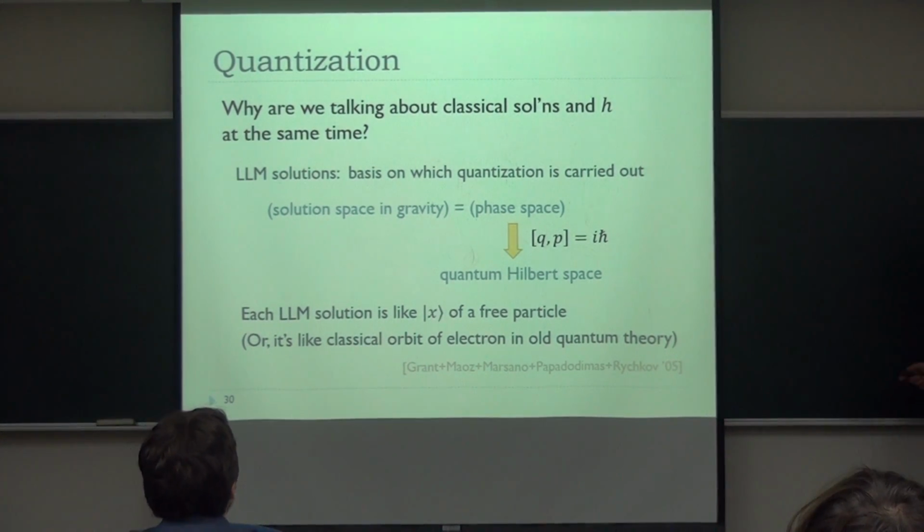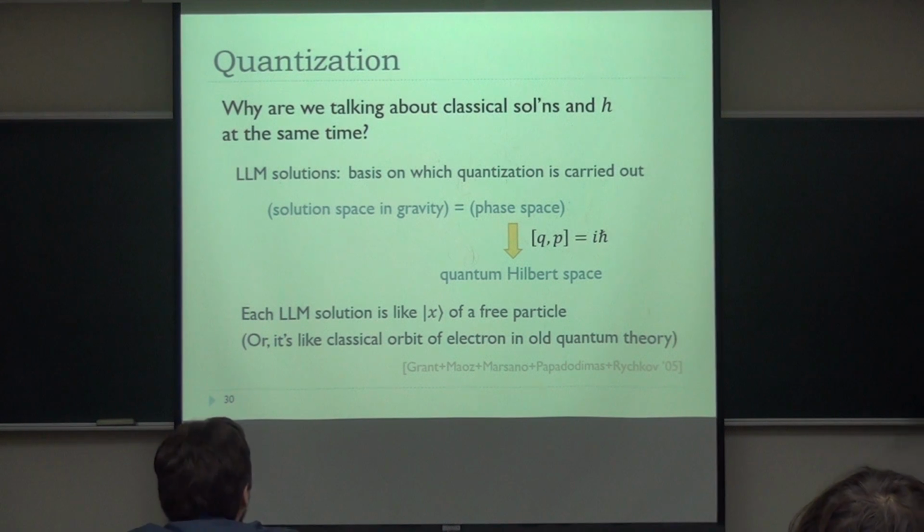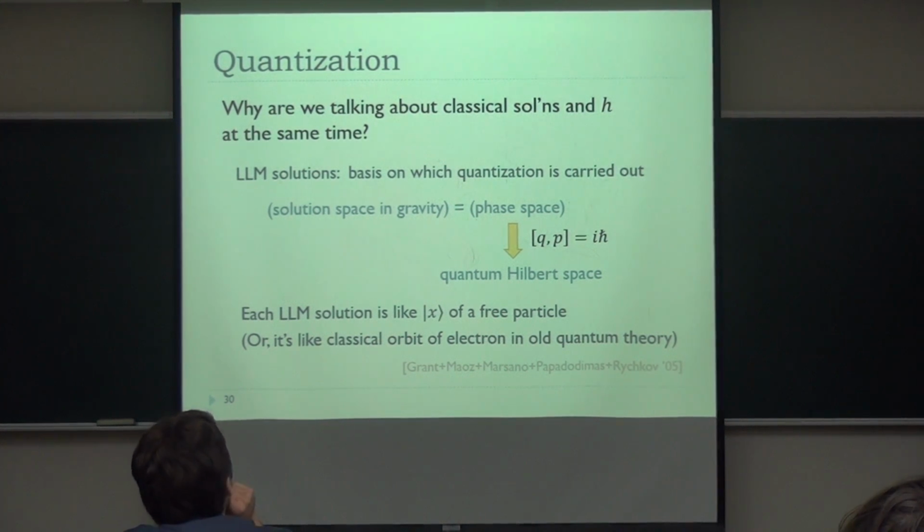So normally you have phase space, and if you have phase space, then you can claim that your coordinates actually don't commute, and you can go to the quantum Hilbert space. So some area on your phase space is the Planck constant. And in gravity, actually the solution space is the phase space. So what we were talking about was actually the phase space.